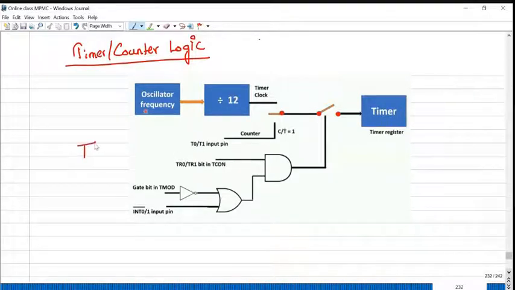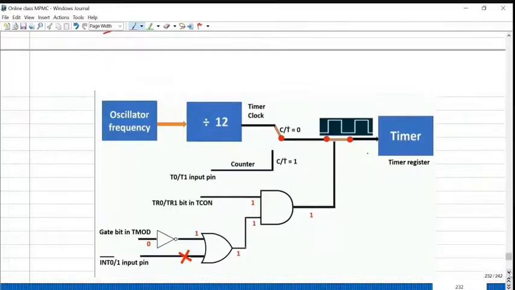This circuit is identical for both timer 0 as well as timer 1. In general, here it is mentioned as timer register. The same setup exists for timer 0 as well as timer 1. Already I told you, if the timer is working in timer mode, then it receives the clock pulses from the internal oscillator.